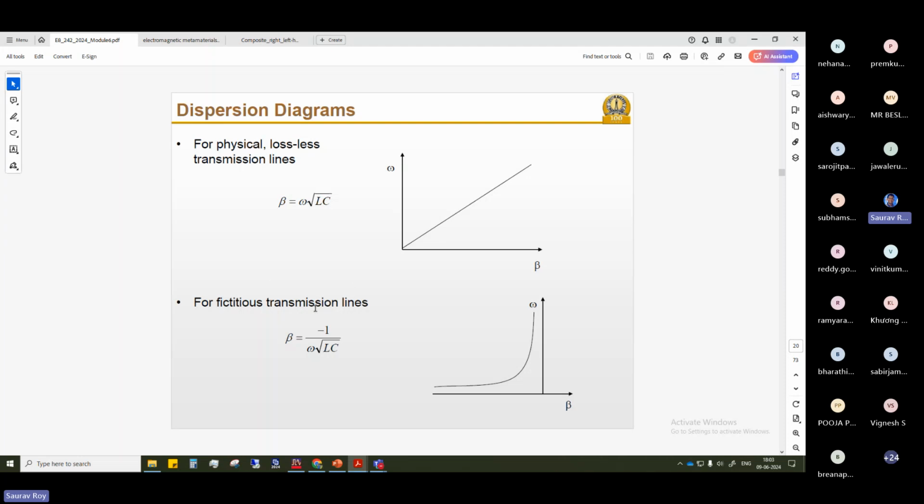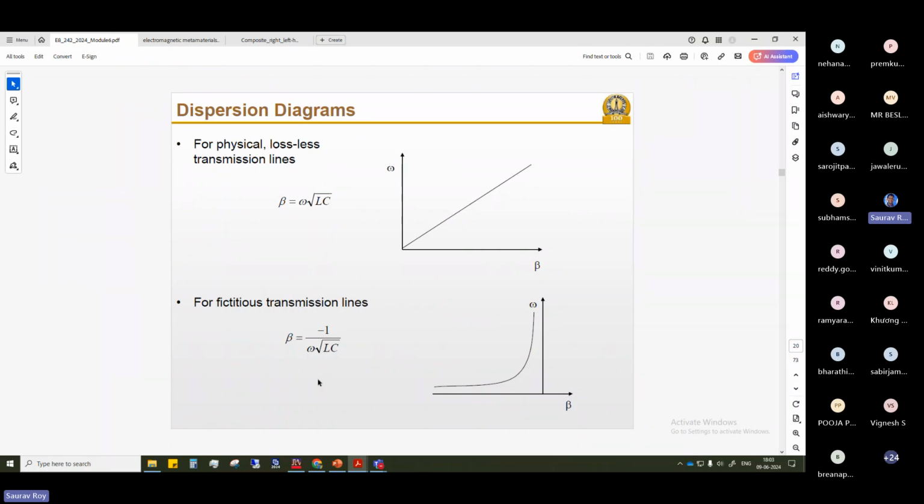But for this fictitious or artificial line, by just interchanging the capacitor and inductor, beta becomes negative. So here, the phase shift is becoming negative; there it was positive. If you go across the transmission line, you should have a phase shift in positive terms, but it is actually giving you a negative phase shift. That is the surprising thing you get from this theory. Generally, when a wave propagates across a transmission line, there is phase delay.